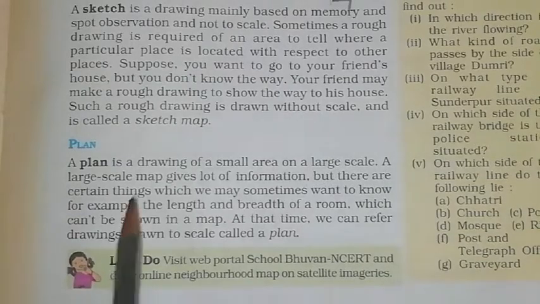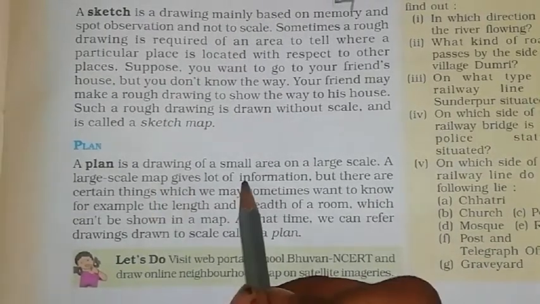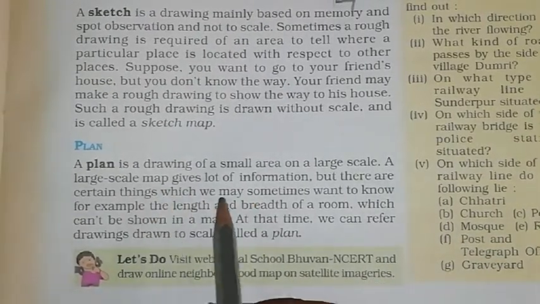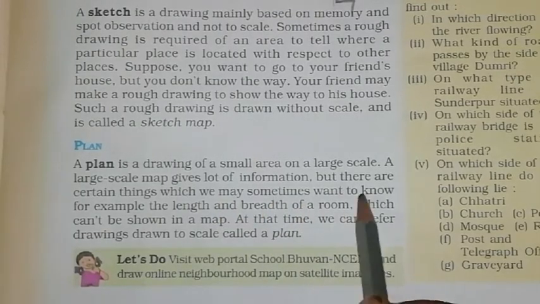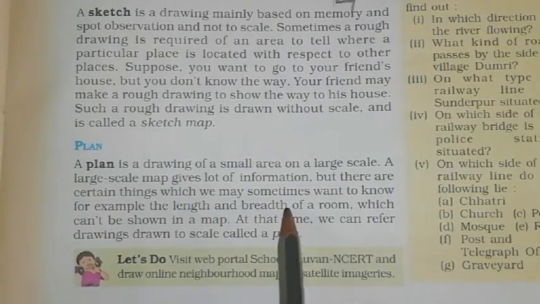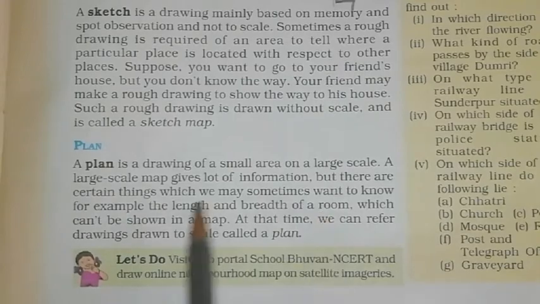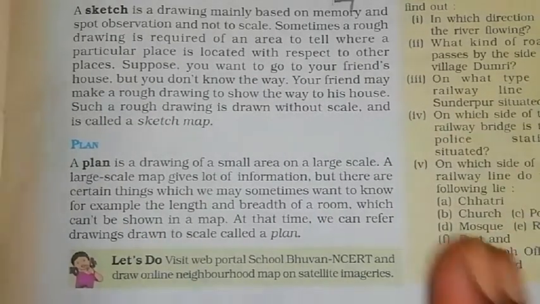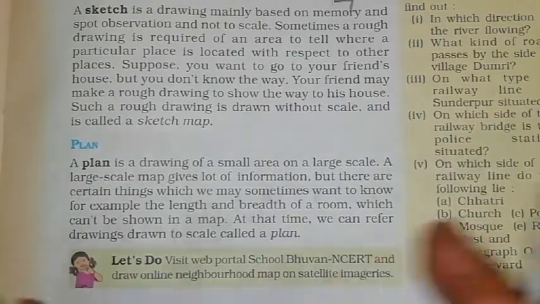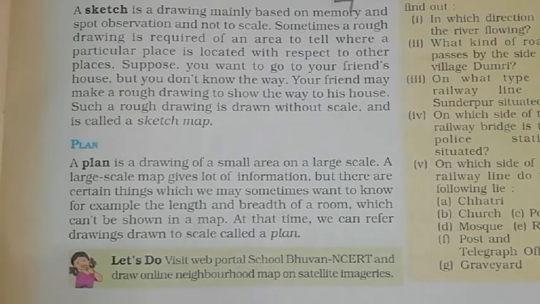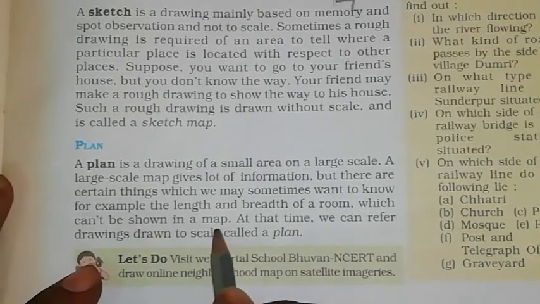A large scale map gives a lot of information, but there are certain things which we may sometimes want to know, for example the length and breadth of a room. In a plan we will show the actual length and breadth of a room, which cannot be shown in a map.